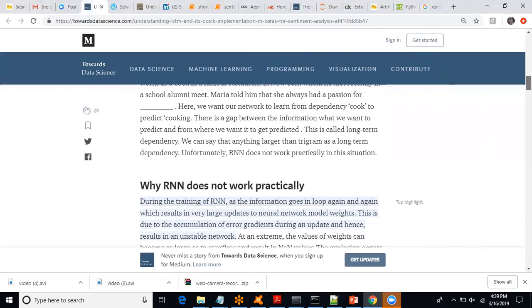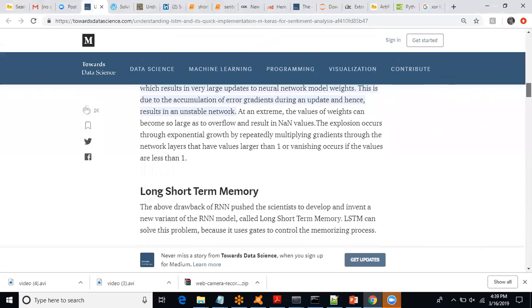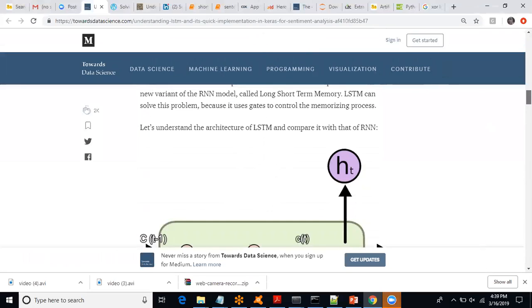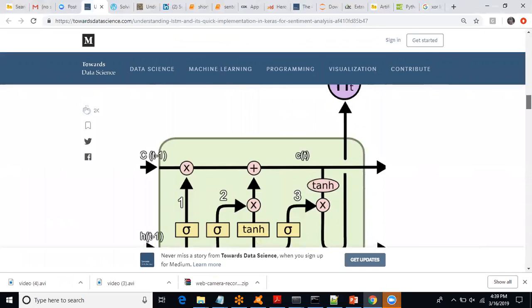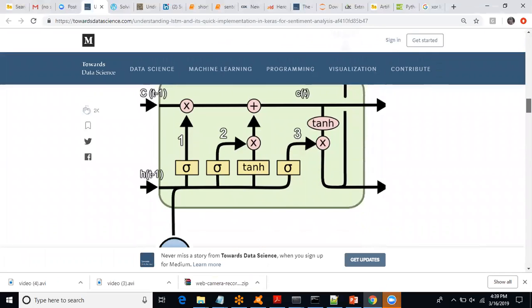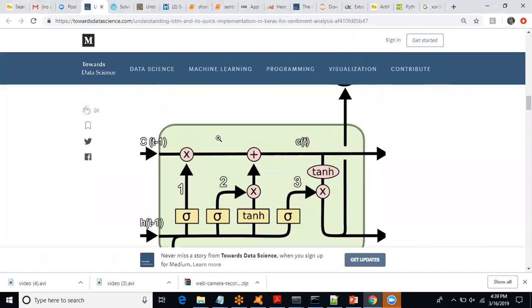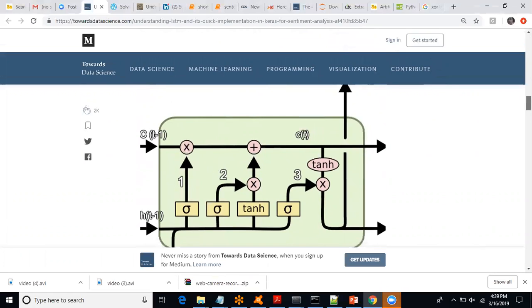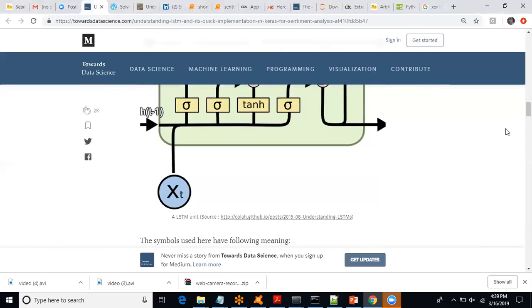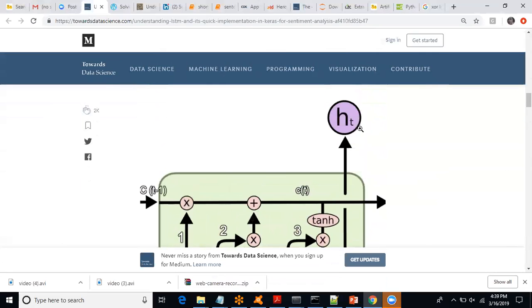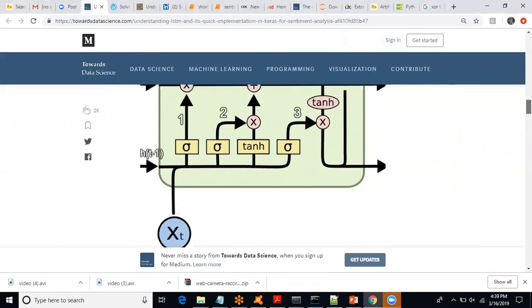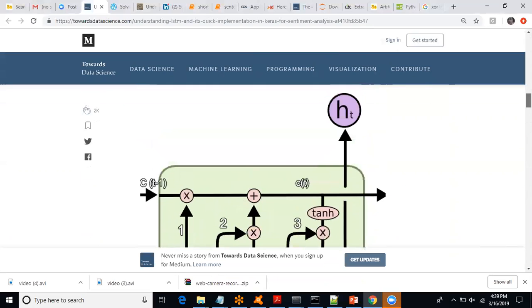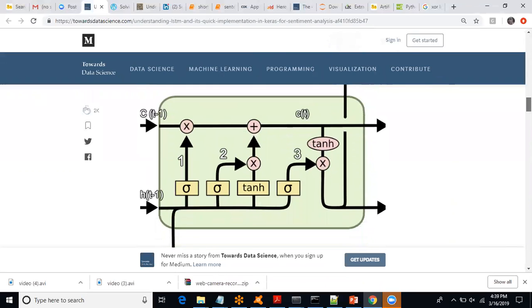So the long short-term memory LSTM model works, where if you see, there are many things working in between. This is input and this is output. It is not simply an activation function, but there are many things.